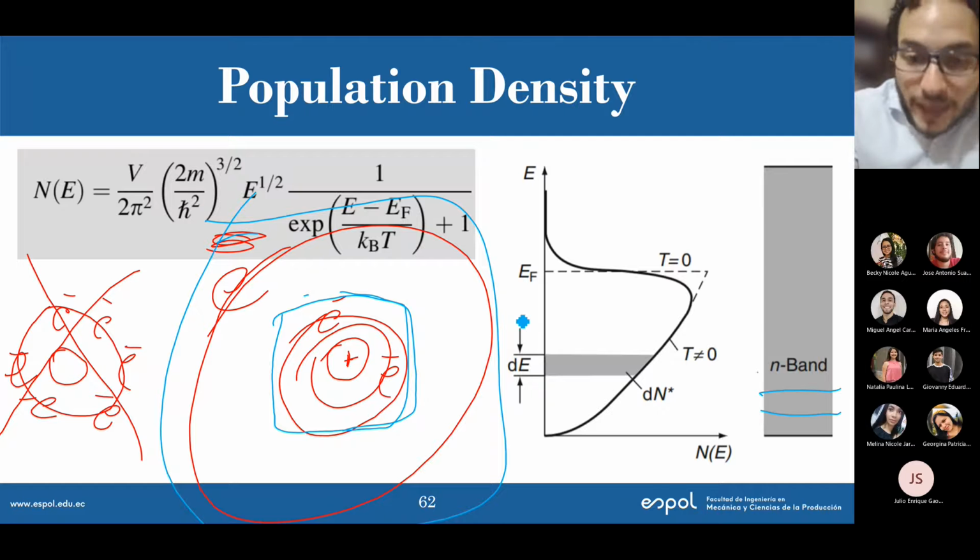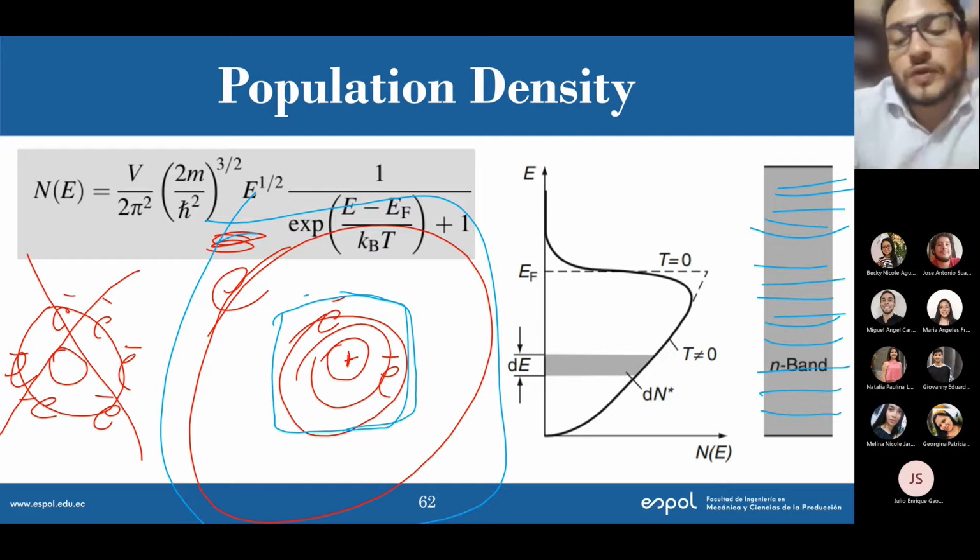We have energy levels within this band, and I will have electrons within that band, but I can't say that, okay, these electrons have higher energy. As I said, it's impossible to say the value of energy and the position that all electrons have. And that's why we use the Fermi-Dirac and the Boltzmann distribution, because it's just more about probability.